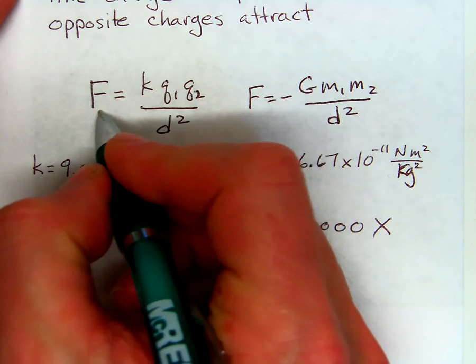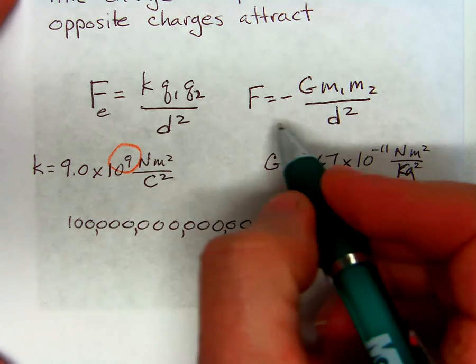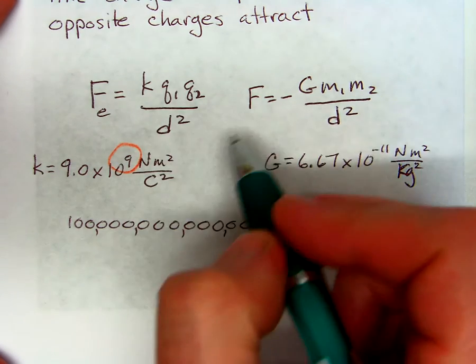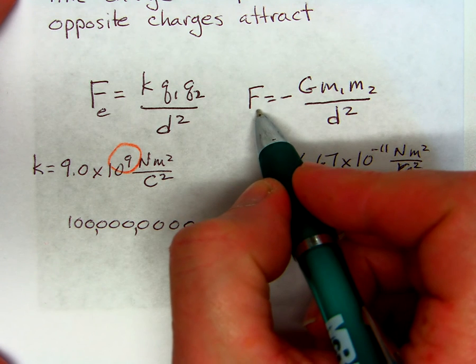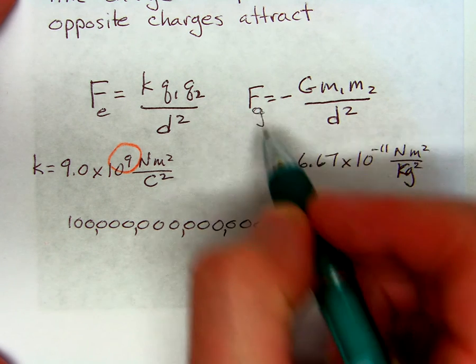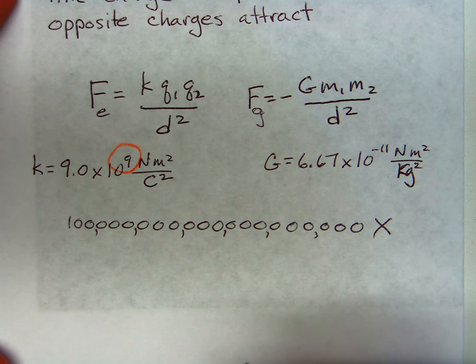Okay, so our electrostatic force is a really strong force. Our gravitational force is pretty weak.